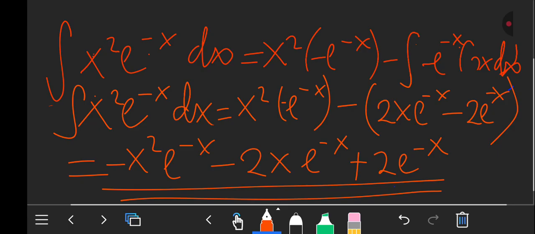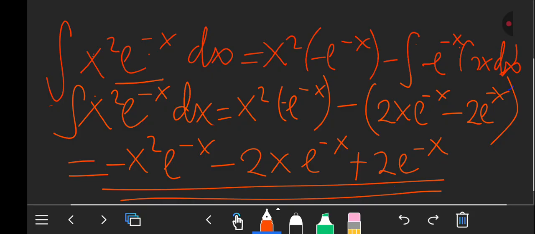So basically this is what you need to do. In a case where you are given e to the power x, it is more advisable to make e to the power x your dv, because no matter how many times you differentiate e to the power x, you won't be able to get 1 at any point. So make it dv.